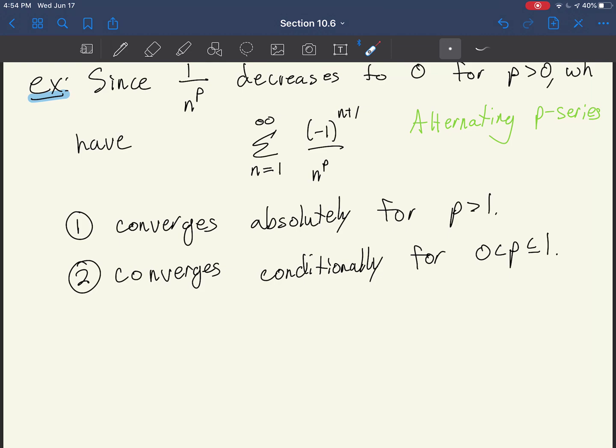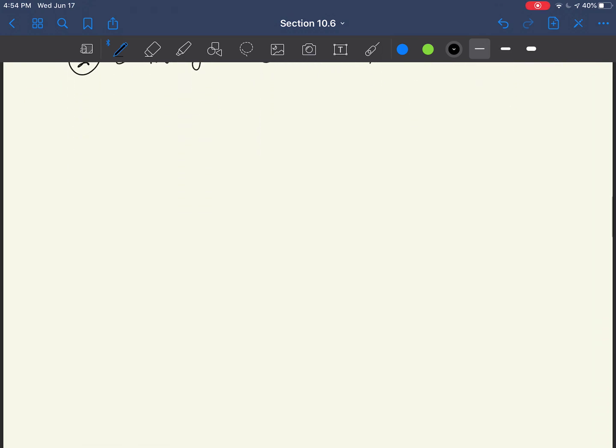So based off of the alternating series test and the alternating harmonic series, it seems like adding this (-1)^(n+1), making it an alternating series, can make things converge that don't normally converge, which is kind of cool.